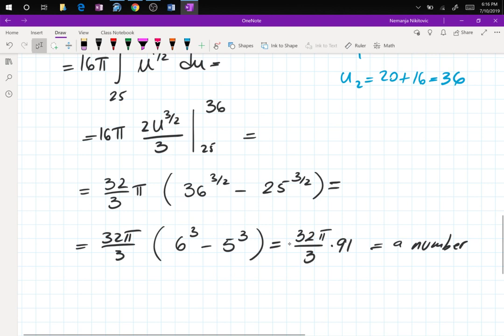If you're asking me what this is exactly, I'm just going to cancel pi and a 3. Who cares? Like 0.14, you're going to cry over 14 cents? Go ahead. And then I'm just going to say this is 30 times 90 because I'm lazy, and it's going to work out to be this. Good enough, which is why I say a number.